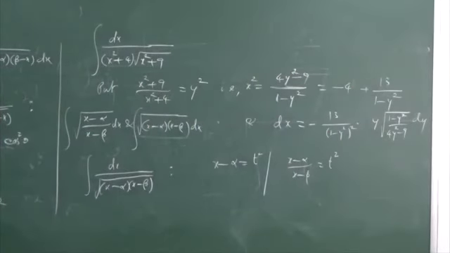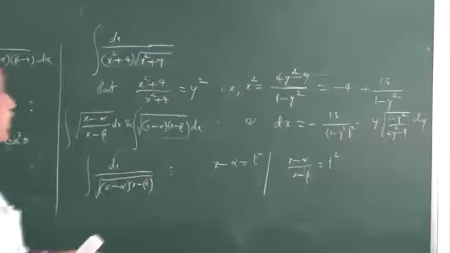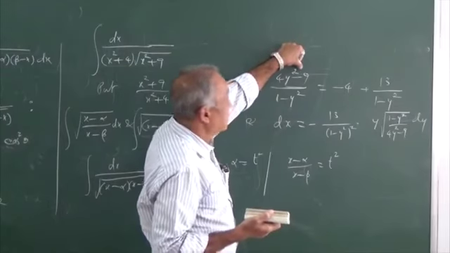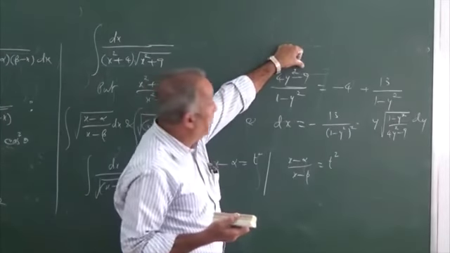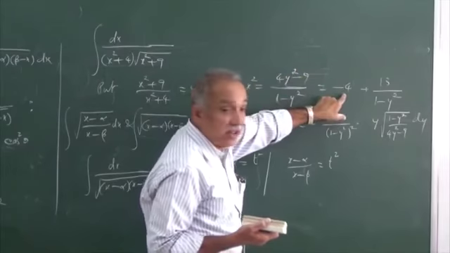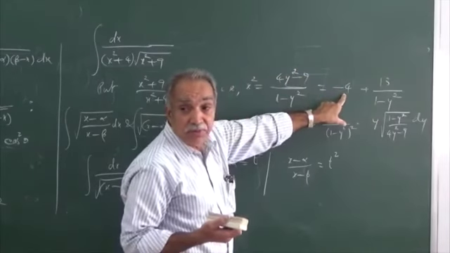Minus... okay, the last fraction numerator. We need 4y square minus 4 to get it divided by 1 minus y square and get the quotient as minus 4.